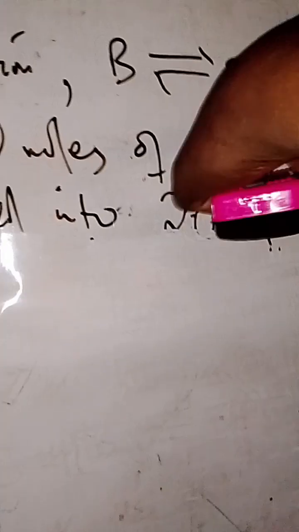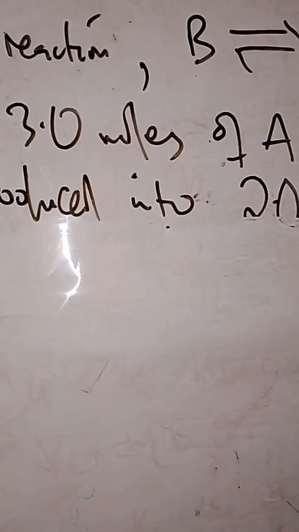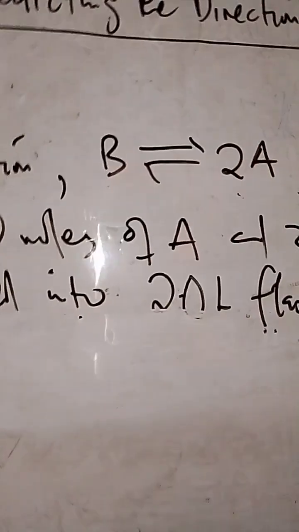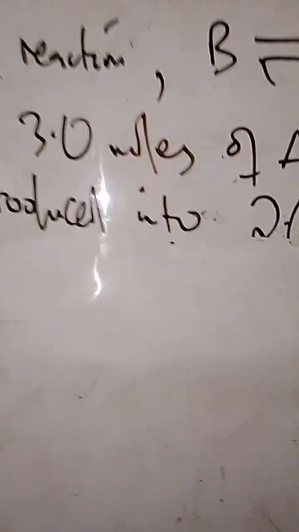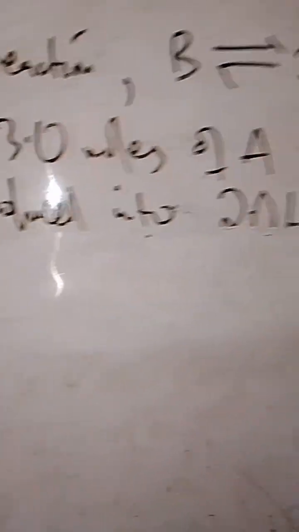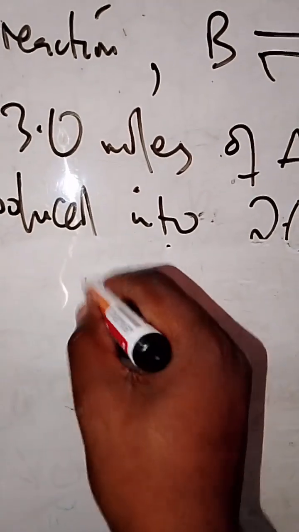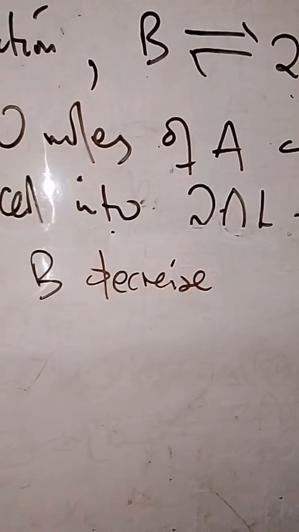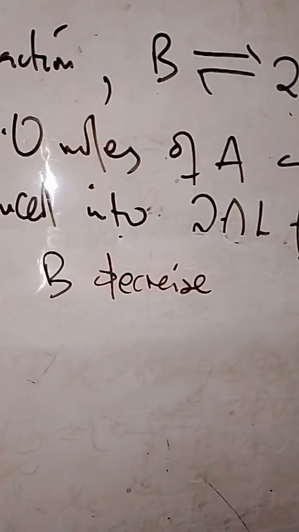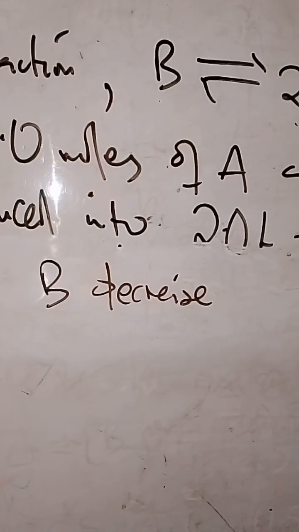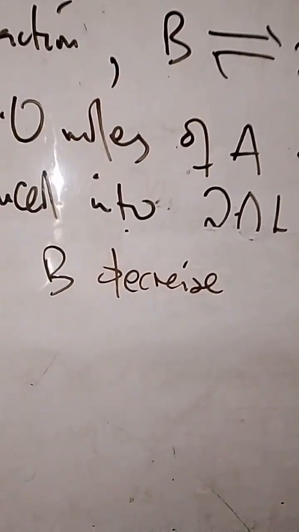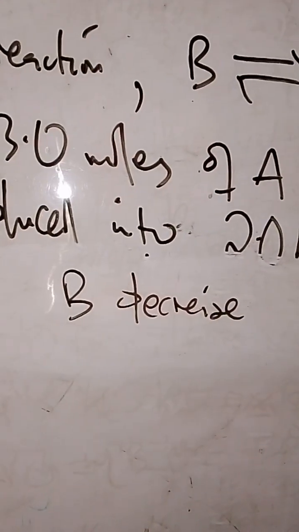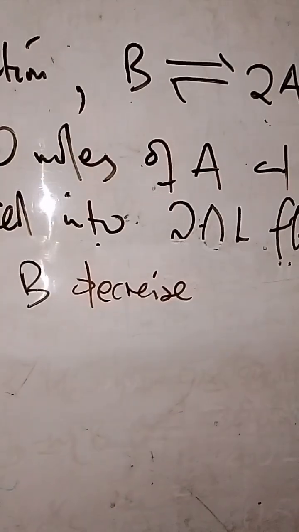We know that the system is moving to the right. So in this case, the concentration of B will decrease since the system moves to the right.